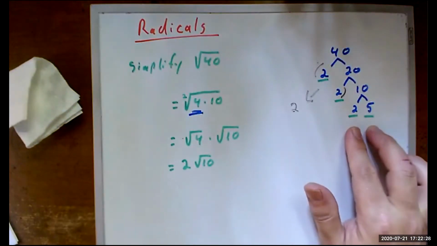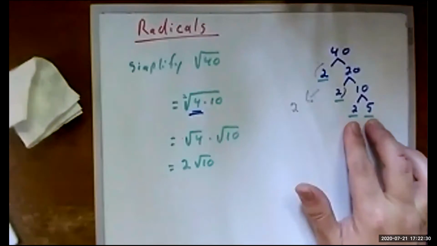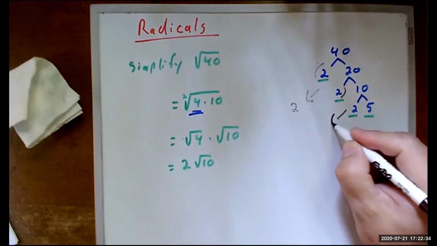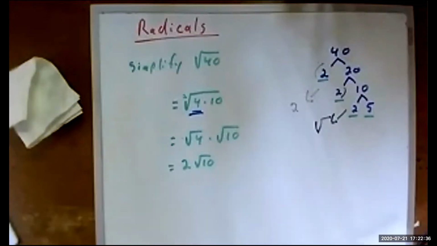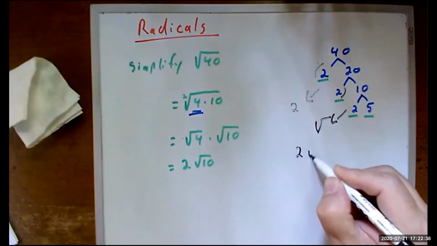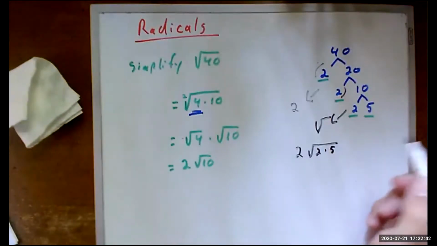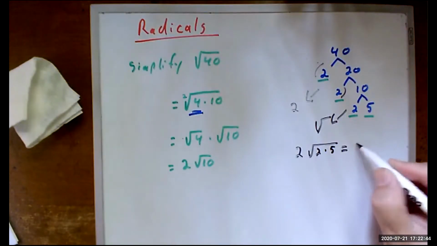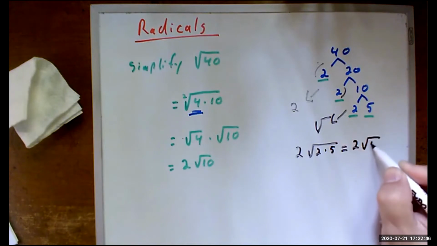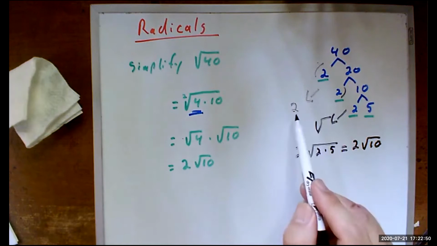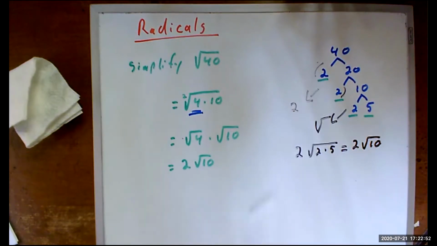I have no other pairs, so these numbers stay inside my radical. So I end up with 2 to the power of 2 times radical 2 times 5. I can put my 2 times 5 together, and again I end up with 2 radical 10. So with your pairs, one can come outside. Anything that isn't a pair stays on the inside.